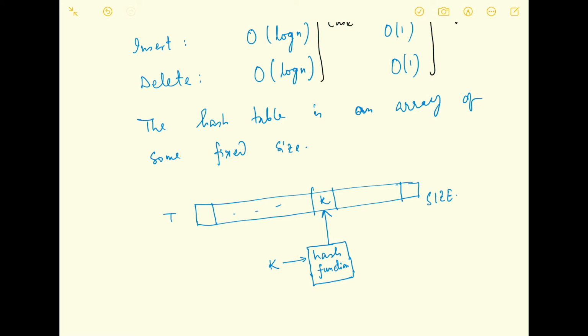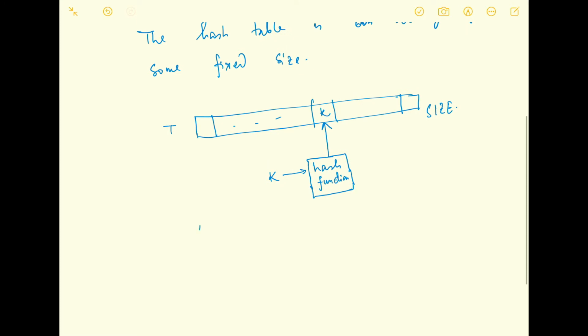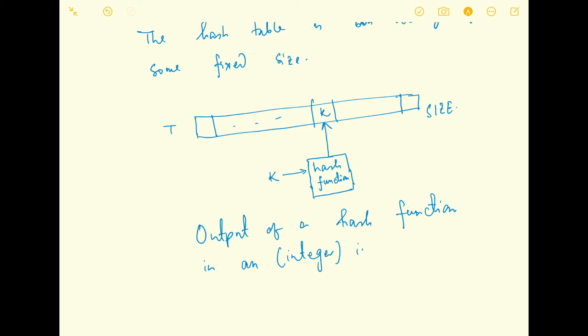The output of a hash function is an integer index in the set 0 to size minus 1.